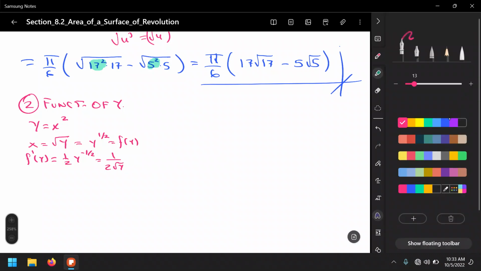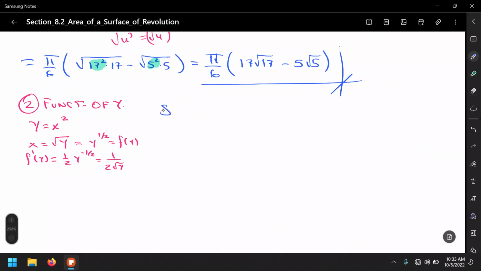Number 1, let's write an integral in terms of y. That's 2 pi, the integral from c to d of r of y times the square root of 1 plus the derivative f prime of y, quantity squared, dy with respect to y.